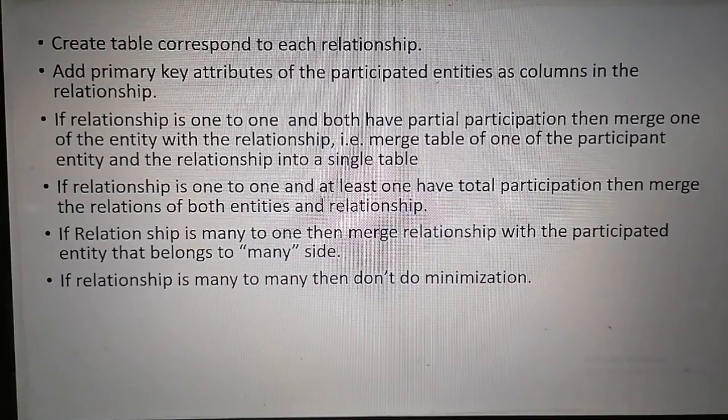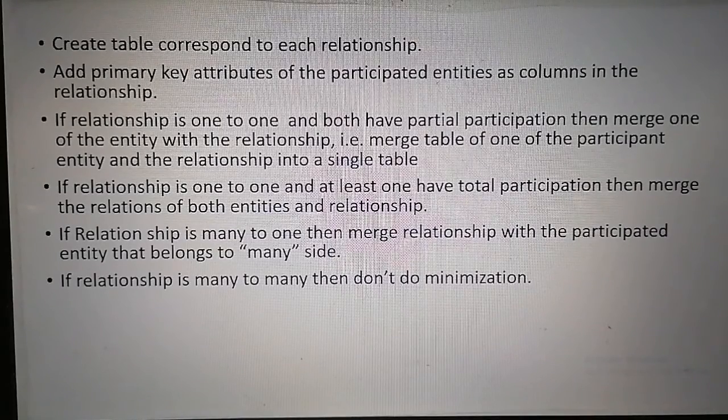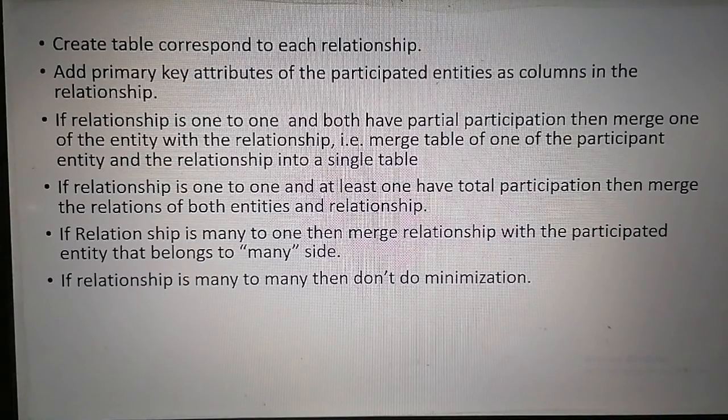The next rule says if there is any one-to-one relationship and both have partial participation, then we will merge either of the participants with the relationship. The next rule says if a relationship has one-to-one cardinality and at least one of them has total participation, then we will merge both entities and the relationship, meaning we get a single table for the whole relationship and the entities.